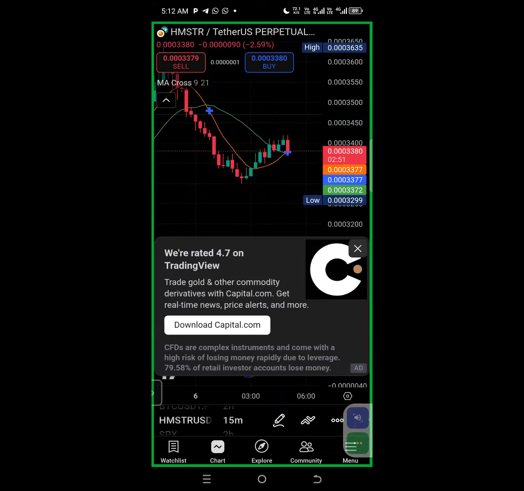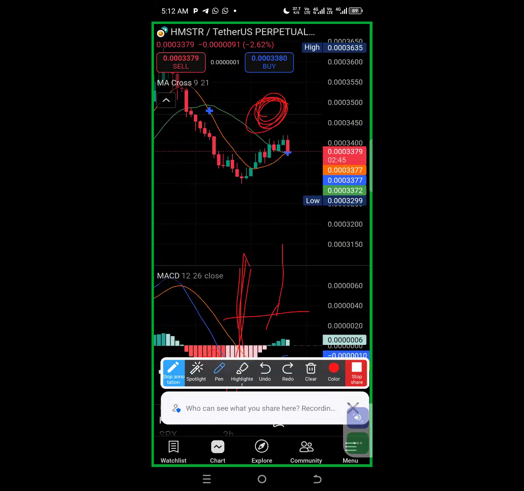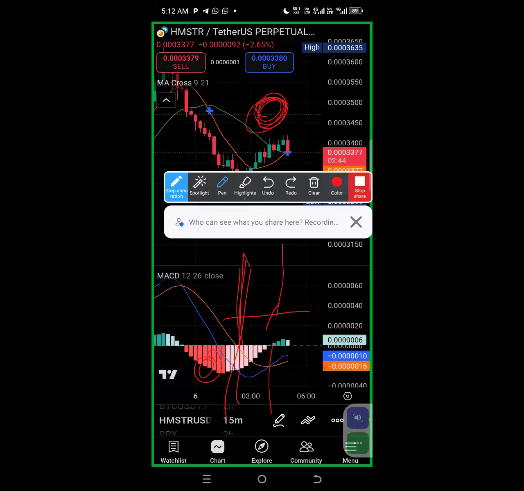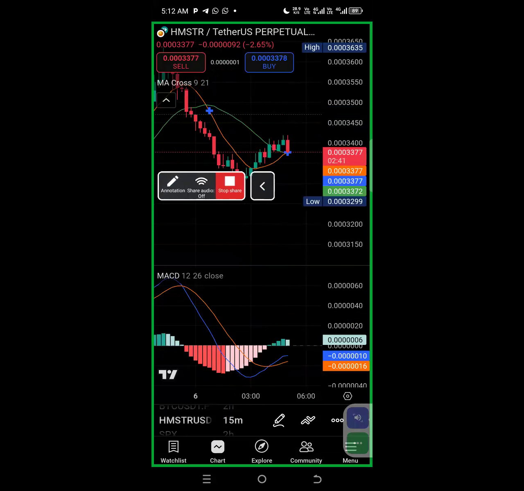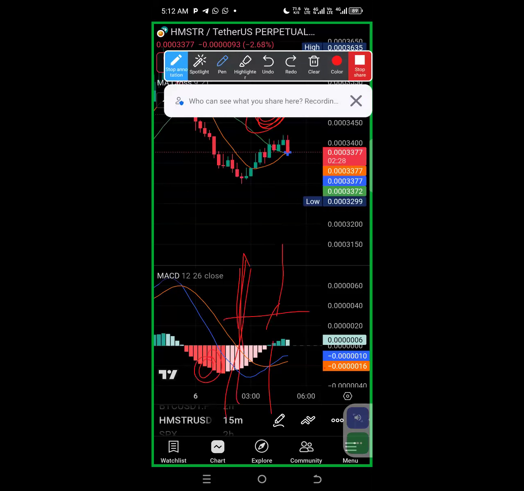Sorry, it's bearish, until this crossover happens. So since it's bearish, the next thing I could do is make my decision if I want to short.